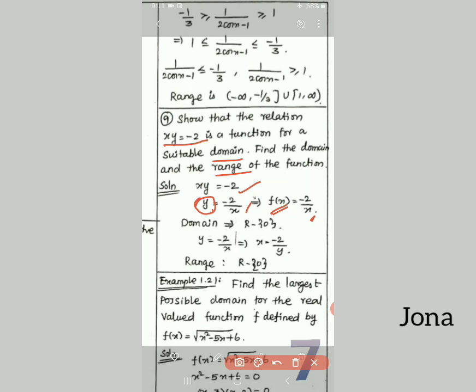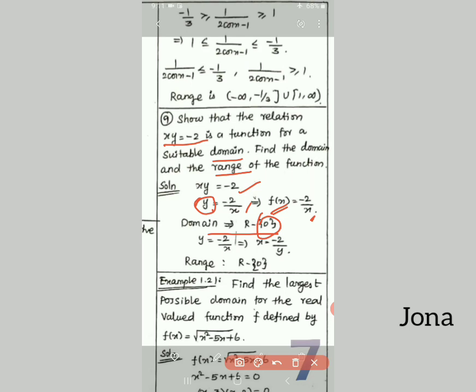This is not the real function here, so we should not take 0. So except 0, all the values we can take there. So the domain is R minus 0. We should not substitute 0 here. So omit 0. That means R minus 0.